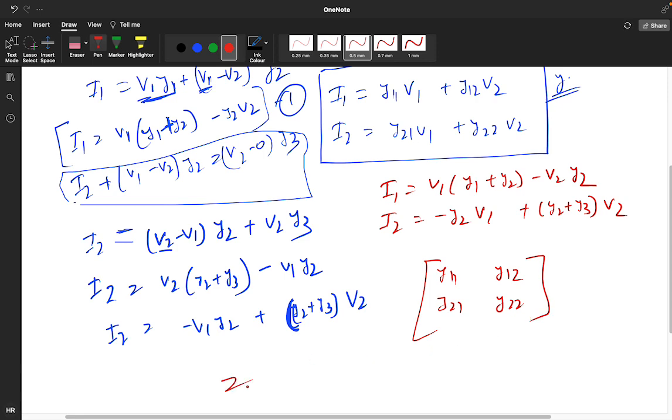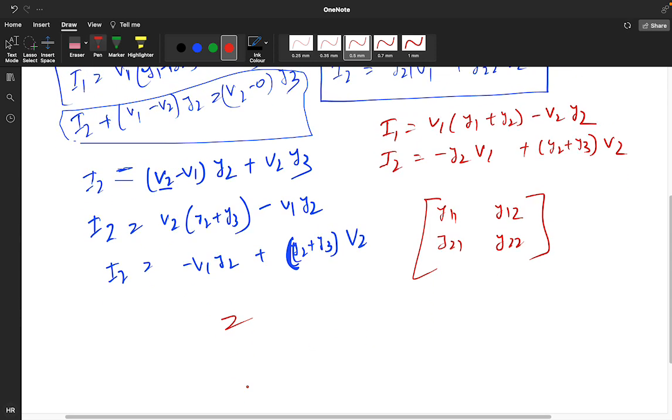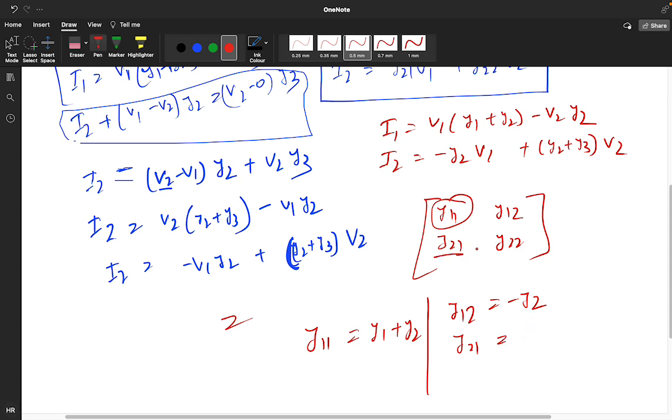Y11 is Y1 plus Y2. Y12 is minus Y2. Y21 is minus Y2. Y22 is Y2 plus Y3.